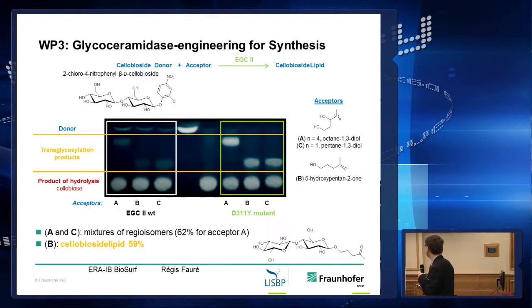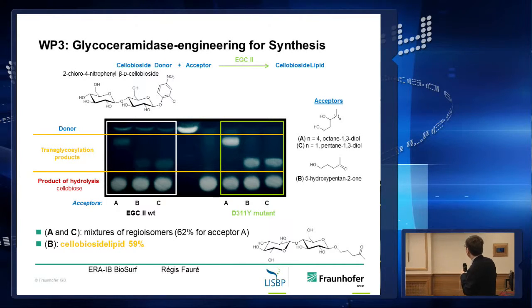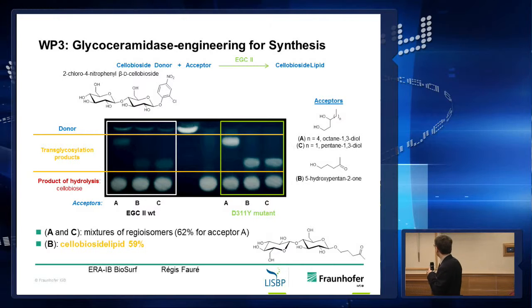So here you can actually use this modified enzyme to perform a transglycosylation reaction, which results in cellulose lipids with a yield of about 60%. Structure is shown here with the acceptor 5-hydroxypentan-2-one.